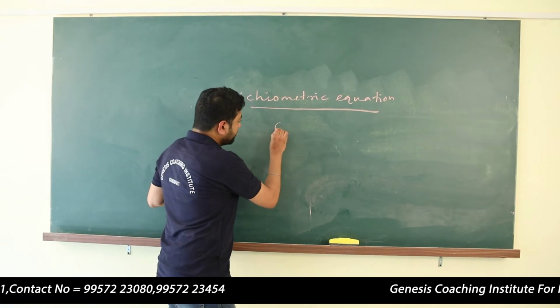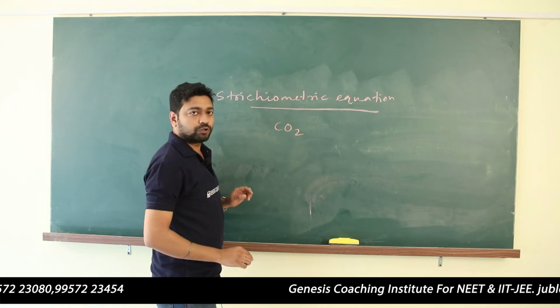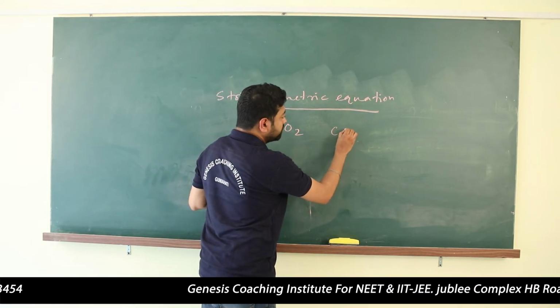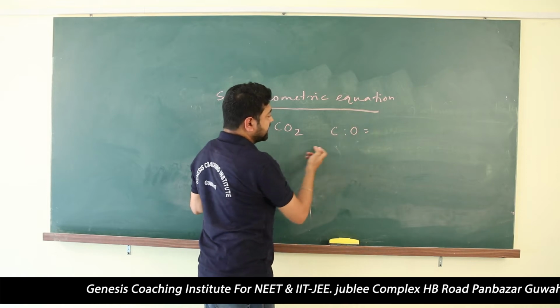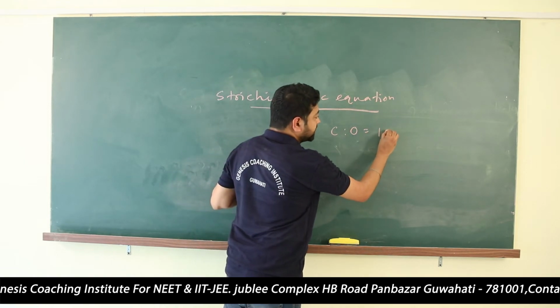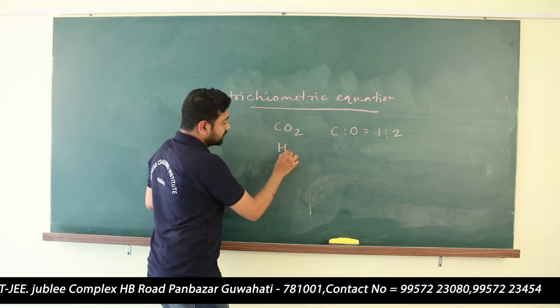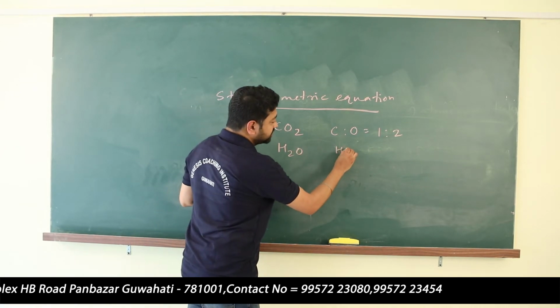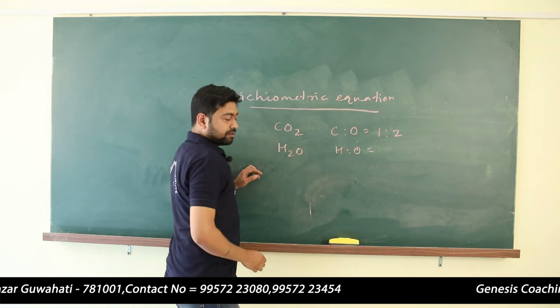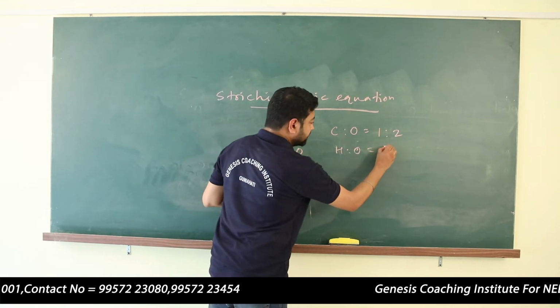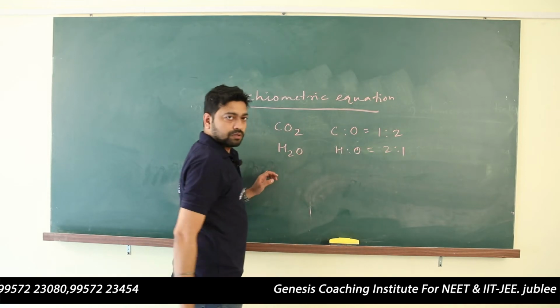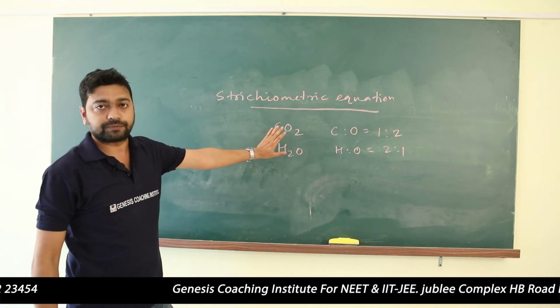For example, carbon dioxide, CO2: the ratio between carbon and oxygen is always fixed, which is 1:2. In case of water, the ratio of hydrogen and oxygen in H2O is 2:1. So this is known as stoichiometry.